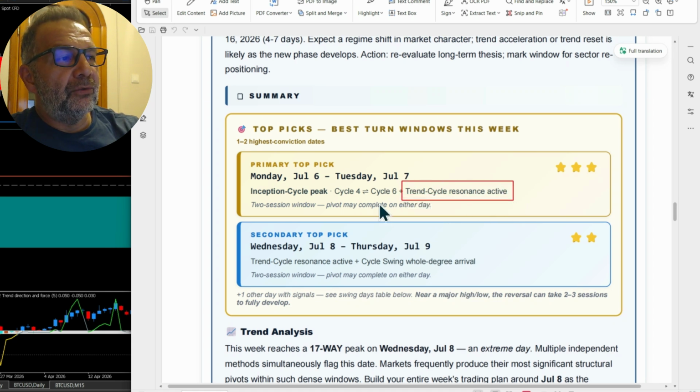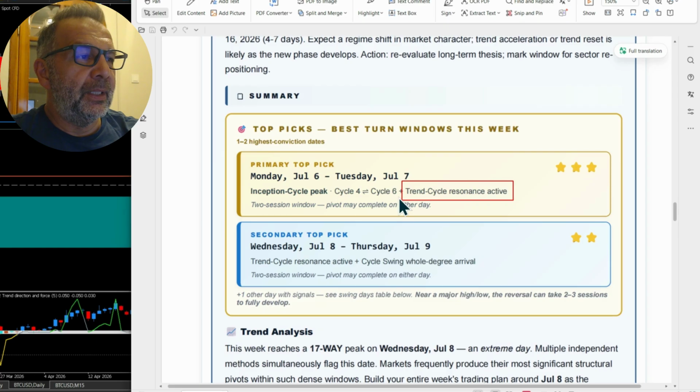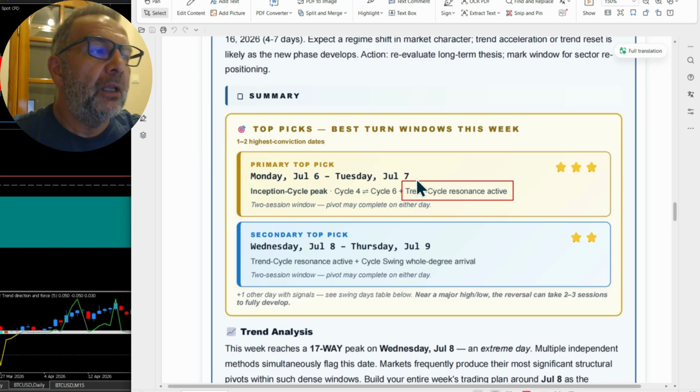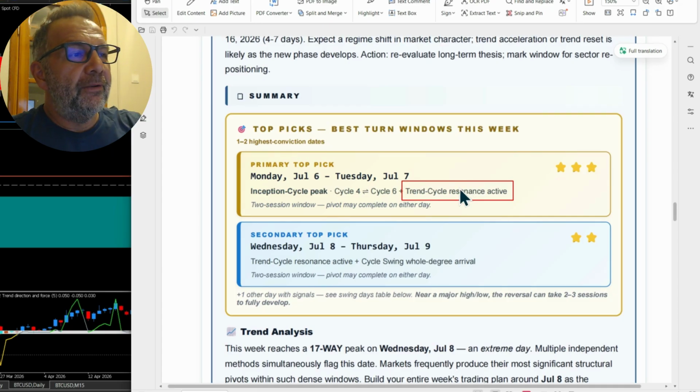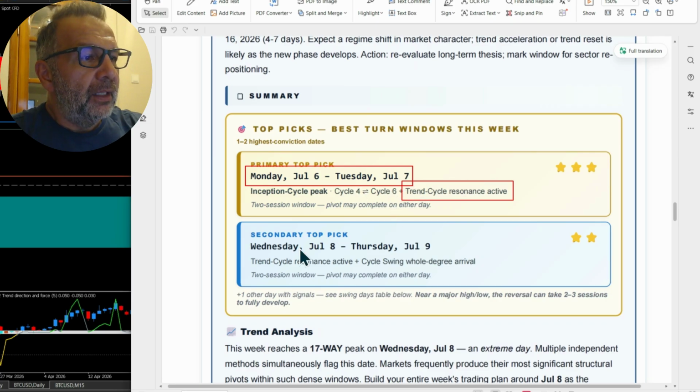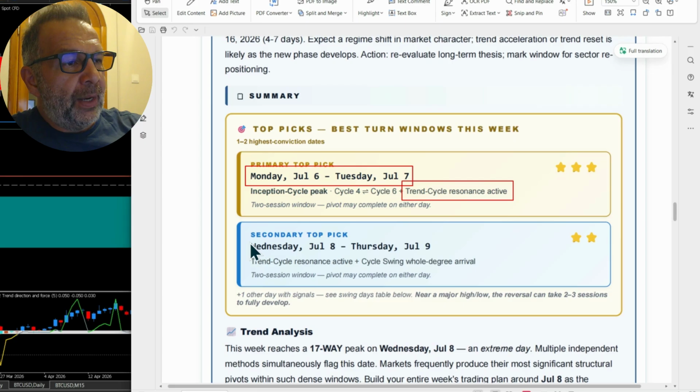Obviously the cycle 4, cycle 6 is going to be a bit of an overkill for somebody who doesn't know what we're doing. So if you don't know what we're doing, you're just reading the report, just focus on the date. You understand that Monday and Tuesday are going to be important. The other time is Wednesday and Thursday.